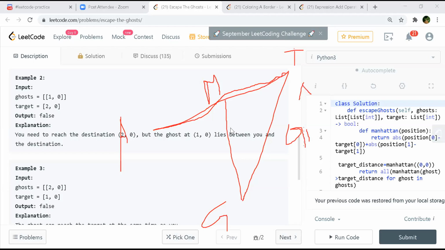I got the point of what you're trying to make. I'll try to use the triangle inequality. The sum of two sides is greater than the third.